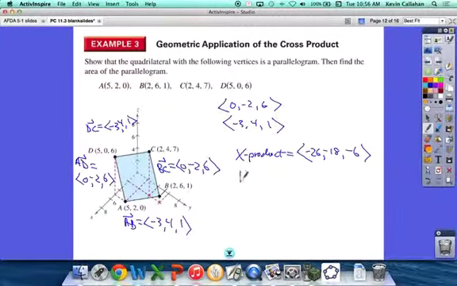Okay, and the magnitude of the cross product is negative 26 squared plus negative 18 squared plus negative 6 squared, which is what? 32.2.